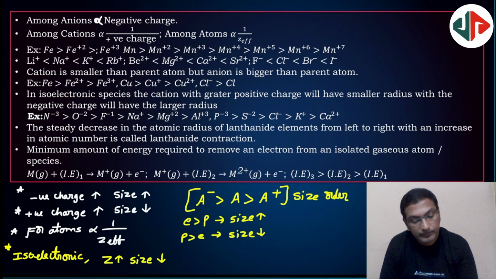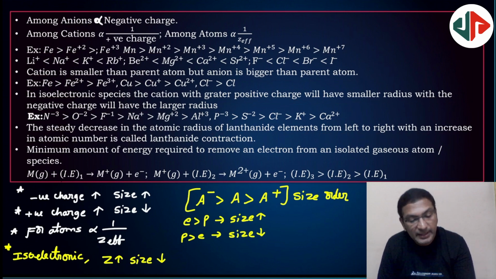Next. Here, the steady decrease in atomic radius of lanthanoids from left to right with increase in atomic number is known as lanthanoid contraction. So lanthanoid contraction is observed in lanthanoid elements from left to right.